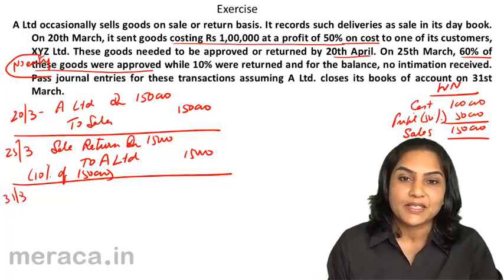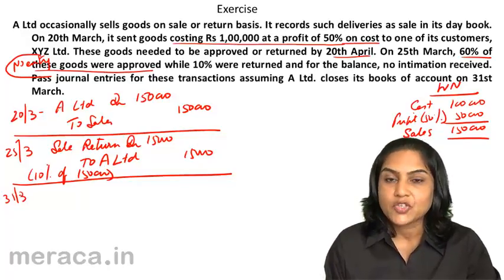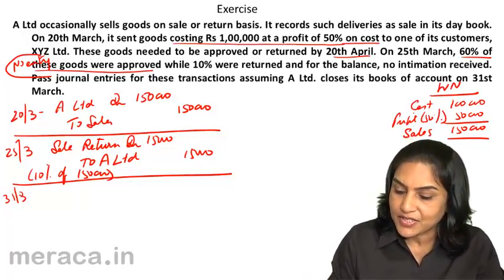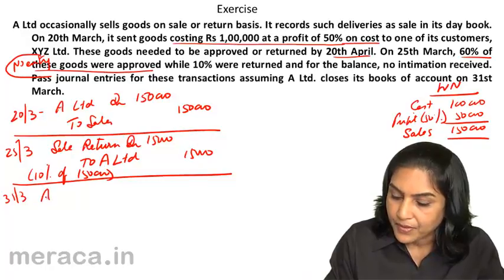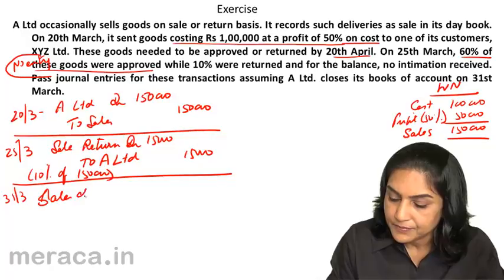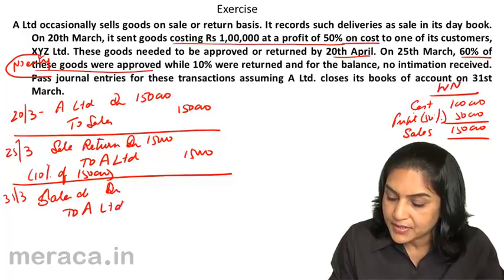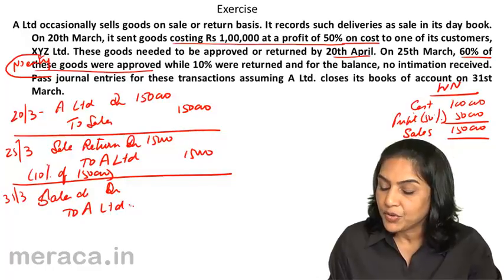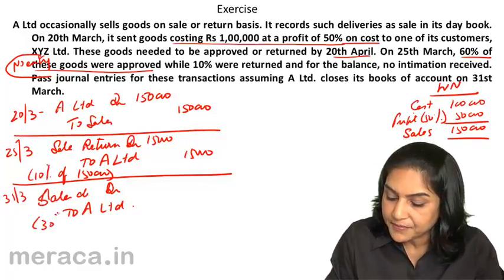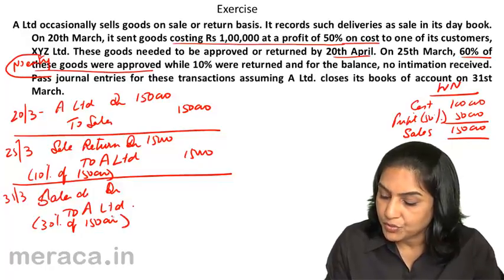This is not to be considered as sale. So, let us first cancel the sale transaction. That would be sales account debit to A Limited. And what would be the value? It would be 30% of 1,50,000. That would be 45,000.